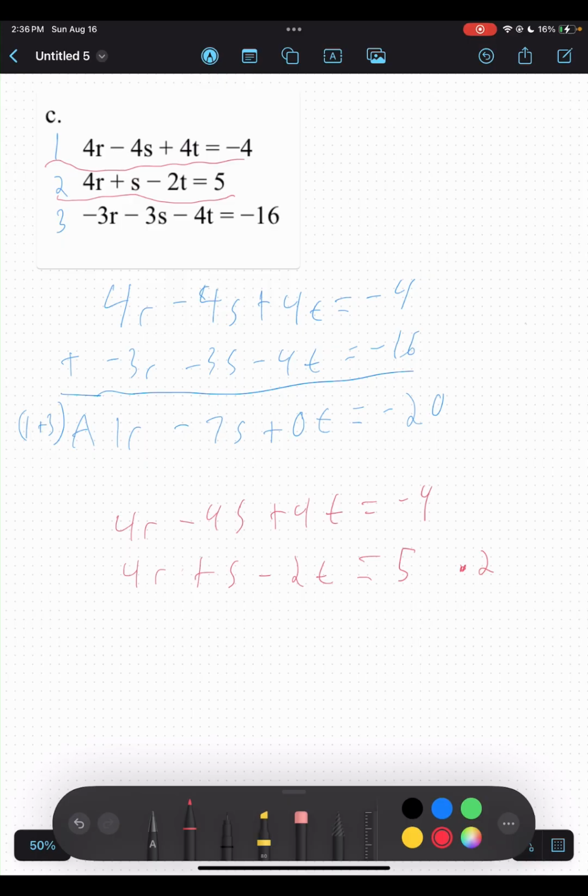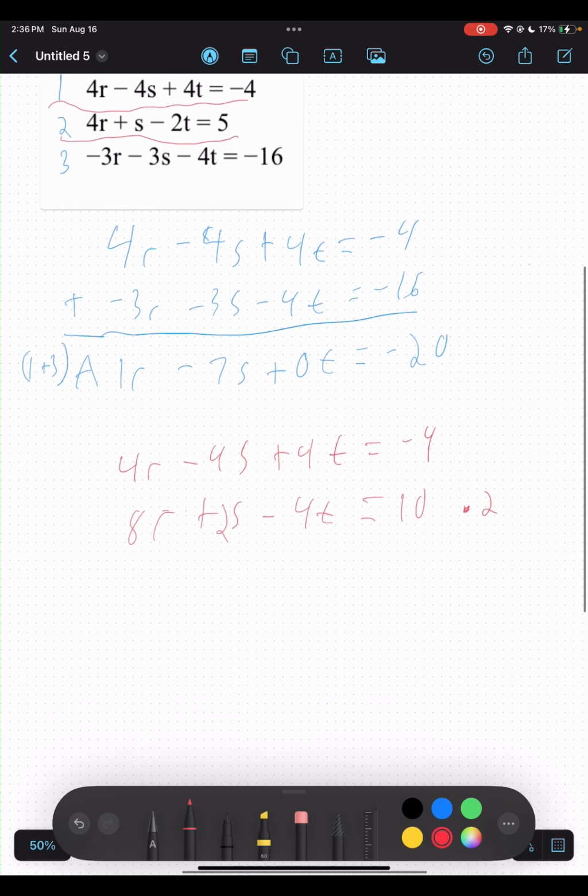So I multiply the entire bottom by 2. That 5 will become a 10. That negative 2 will become a negative 4t. That s becomes a 2s. That 4r will become an 8r. And now we're talking. So all I've got to do is add these two equations together, just like last time.